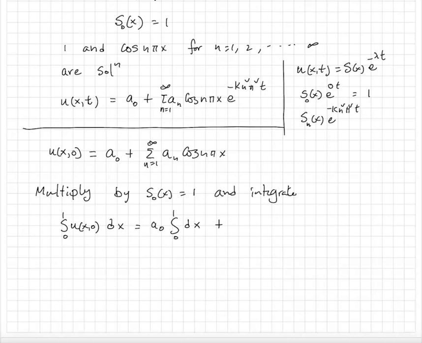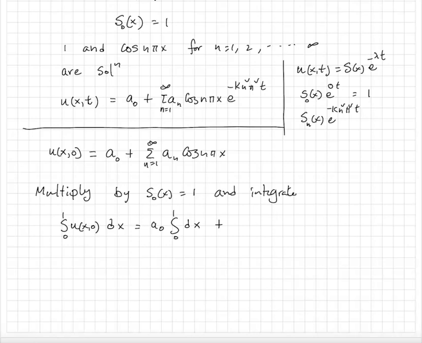well, because of the orthogonality, this term is not 1, it is cos n pi x, and 1 and cos n pi x are orthogonal. Orthogonal means if you multiply by 1 and integrate, that will be 0.